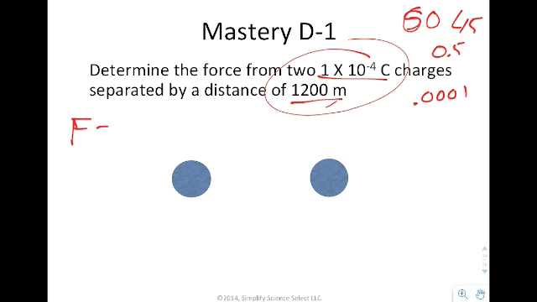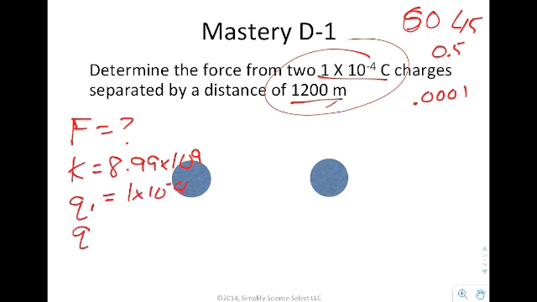So we want to know what the force is. We know Coulomb's constant is 8.99 times 10 to the ninth. We know that Q1 is 1 times 10 to the minus 4th. We know that Q2 is 1 times 10 to the minus 4th. And we know the distance between them is 1200 meters.